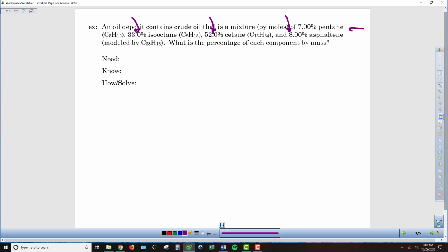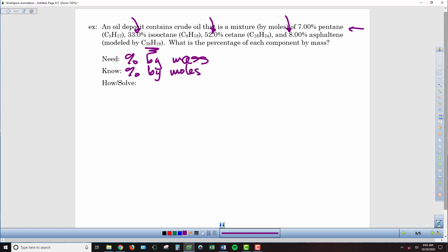The asphaltene we're going to model as C38H18, although it's really more of a mixture, so that's an average measurement that we'll use. In the problem we're asked what is the percentage of each component by mass, using our need-know-how-solve approach. We know all of the percentages by moles.